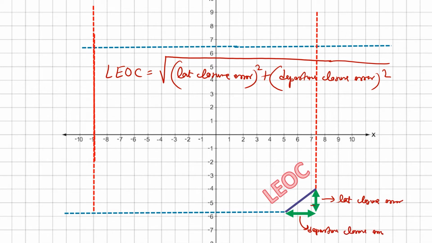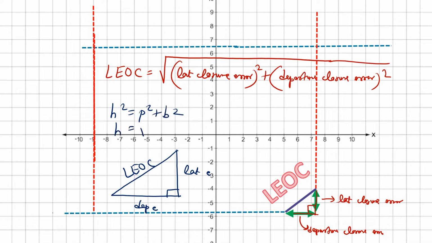And you can see that this is a right angle triangle, right? It's just a corner, it's a right angle triangle. So if I zoom in, you get something like this, right? Lat error and departure error. So this is LEOC. So what we did was we simply used the Pythagoras theorem, because it's a right angle triangle. So h squared equals p squared plus b squared, and h equals the square root of p squared plus b squared. So let's take this h, p, and b. So this is how this formula is derived. This is how we calculate the LEOC by using the Pythagoras theorem.